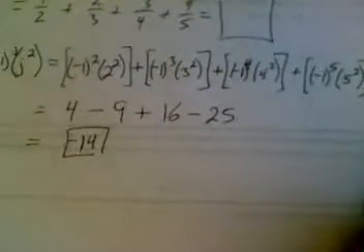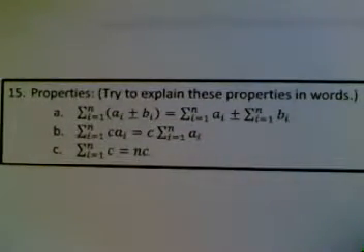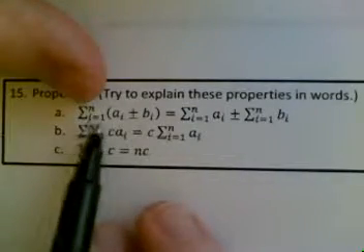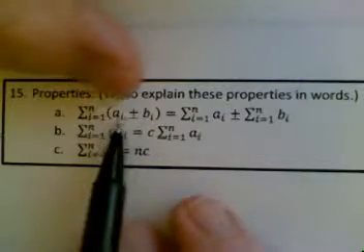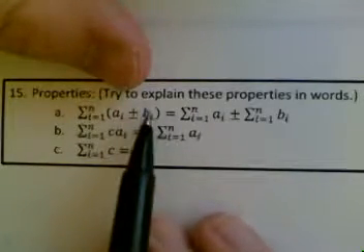That completes those ones. Now, I'm going to look at this last piece of properties. Now, it says try to explain these properties in words. I'm going to go ahead and do that for you. Okay? This is the summation of i equals 1 to n of one sequence plus or minus another sequence.